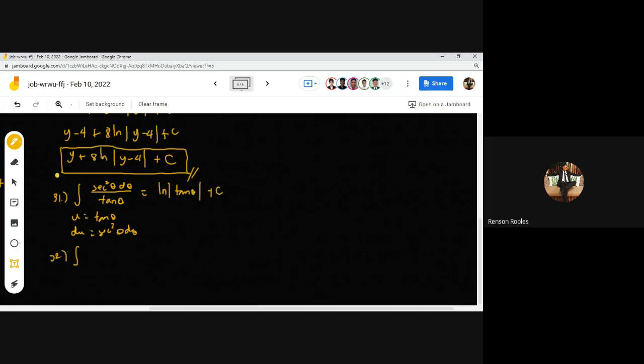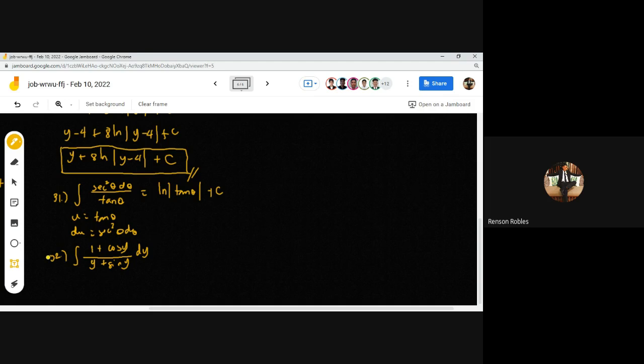Integral of, say, 1 plus cosine y all over y plus sine y dy.